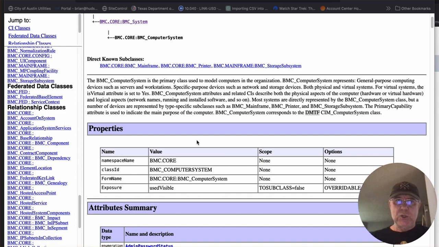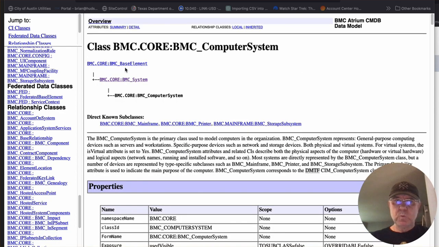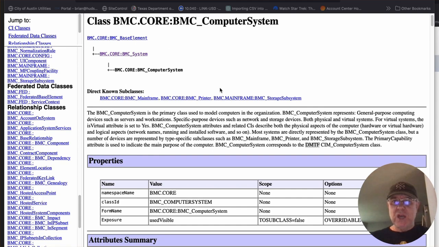this particular data structure of BMC computer system, where BMC was kind enough, and again, I don't even know if the management currently at BMC knows that this is still in there. BMC has given, in the origin of this particular model, a credit to the DMTF webpage.